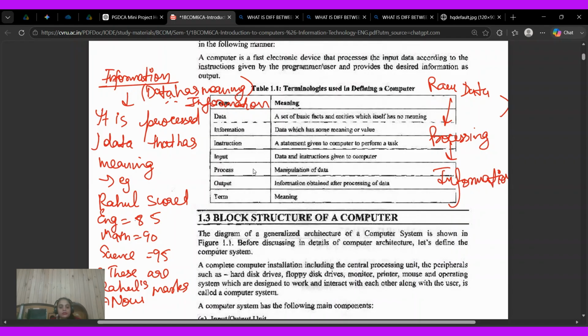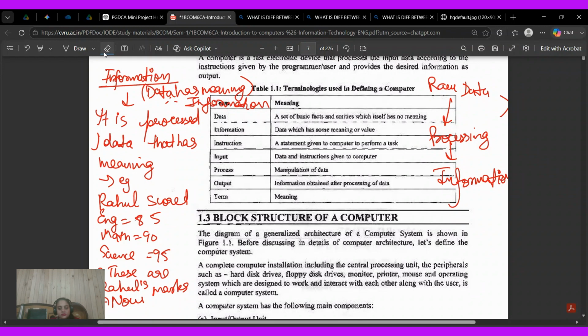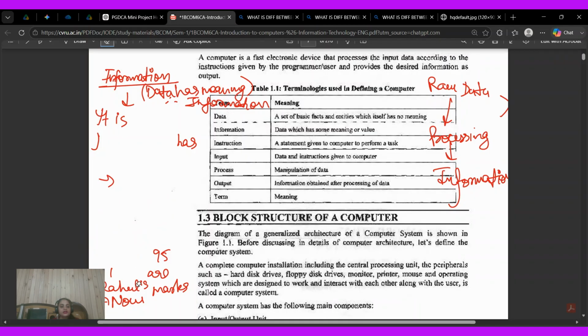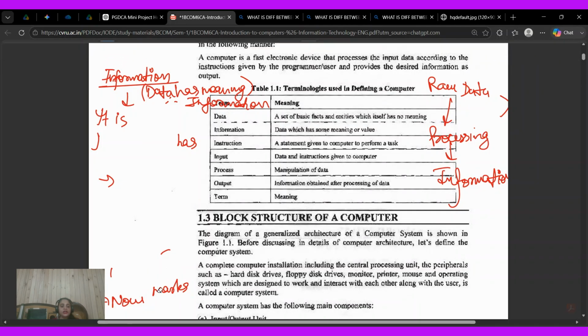So I hope you understood the difference between data and information. Data is the raw facts, information is the processed facts. Data has no meaning, information has meaning.